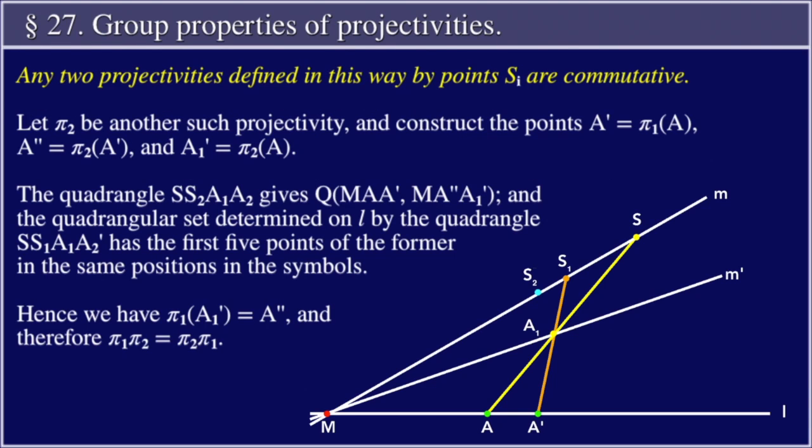Any two projectivities defined in this way by points S sub I are commutative.